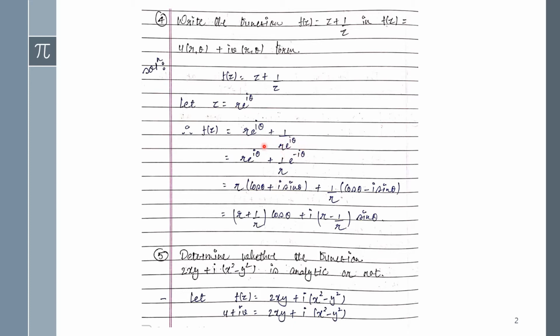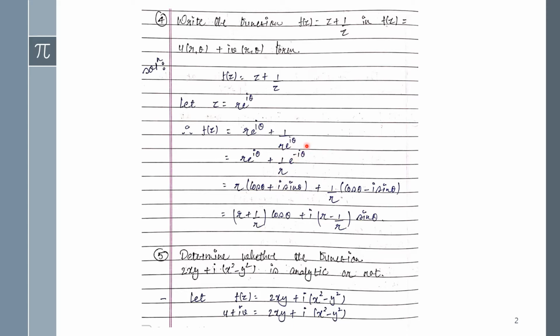Just putting the values of z, and now I'm converting this into the numerator. So it will be r e raised to i theta plus 1 upon r e raised to minus i theta, right?